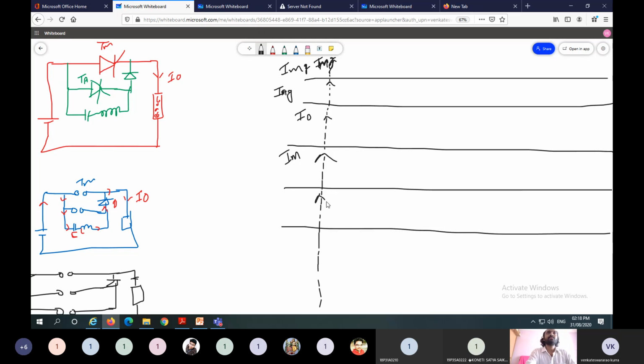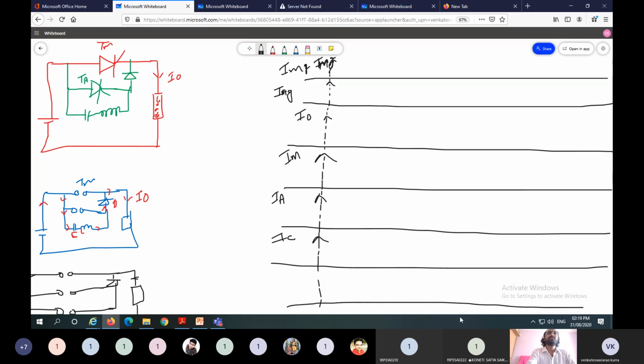And this one for auxiliary thyristor current. And this one for capacitor current, capacitor current IC. And this one is for capacitor voltage VC. So initially load current is supplied by up to this point.